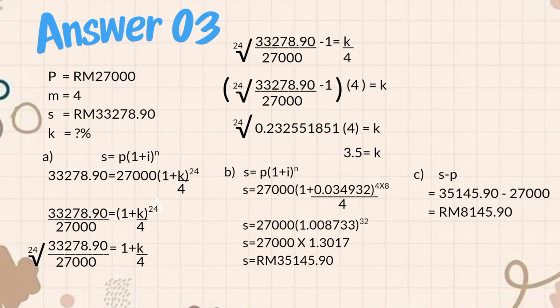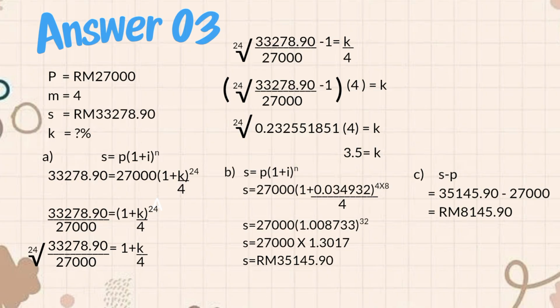So the answer is S equal to RM35,145.90. So for C, we use the formula S minus P. So 35,145.90 minus 27,000.